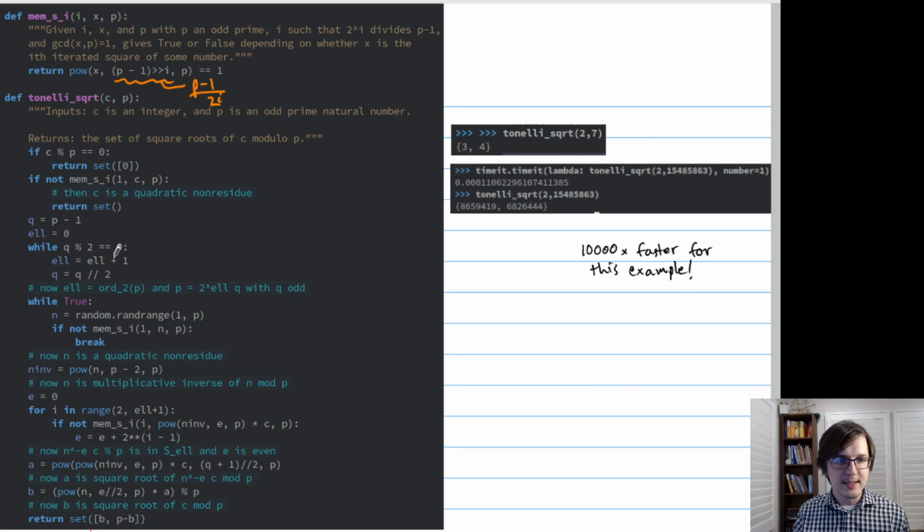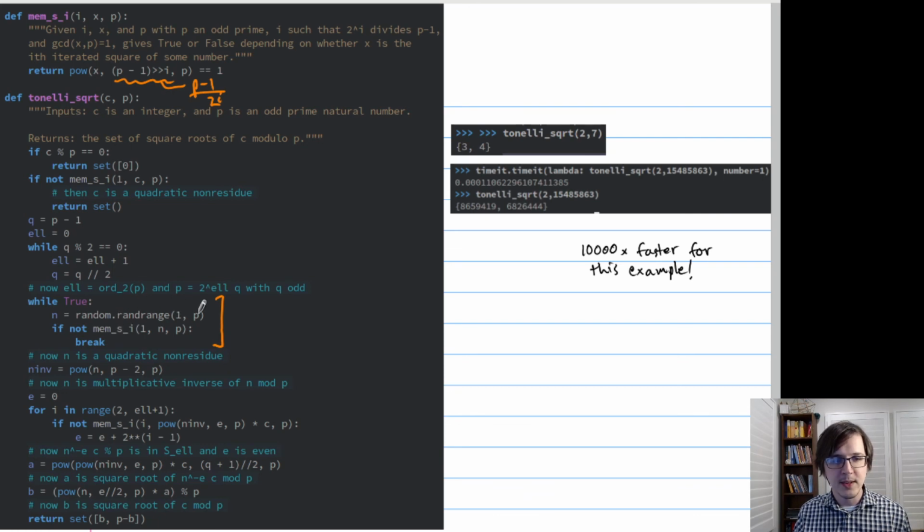One part is that Python doesn't know about ORD, so I calculate it by repeatedly checking if q is even, and if it is, dividing it by 2 and adding 1 to L, until eventually it's odd. Also, this is the part that finds a quadratic non-residue.